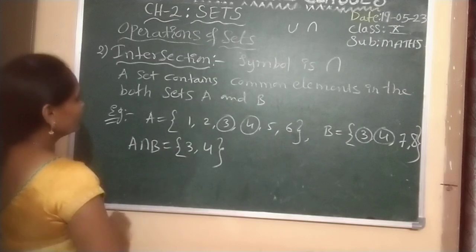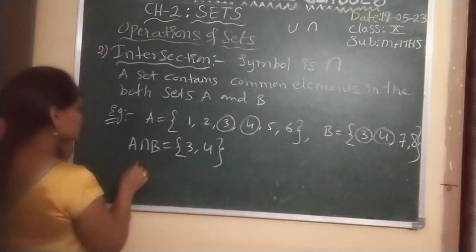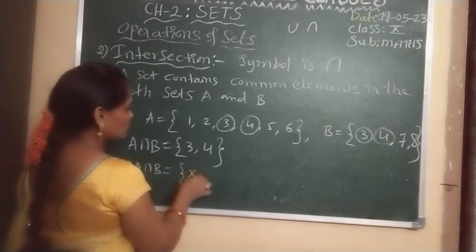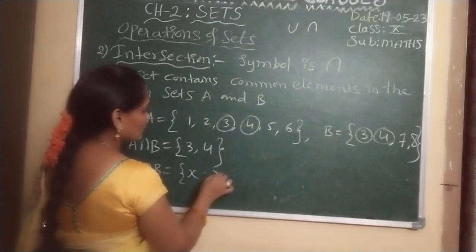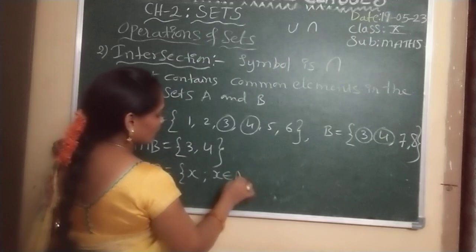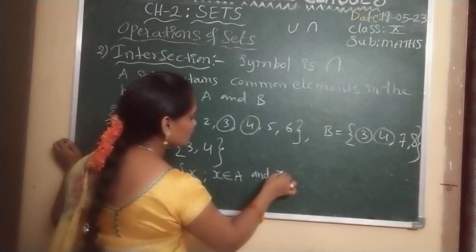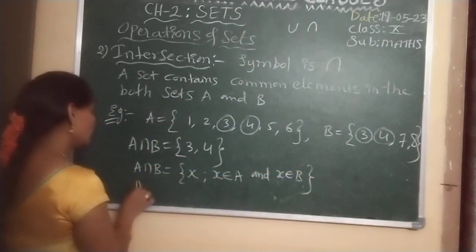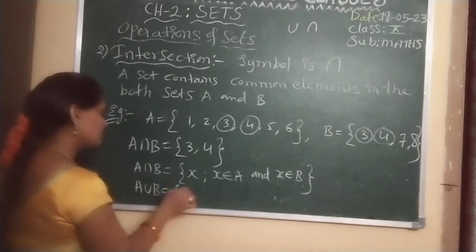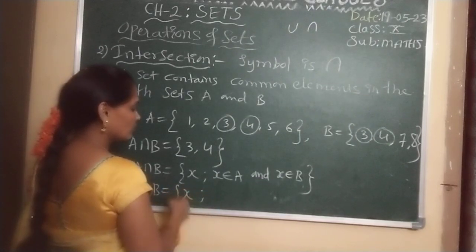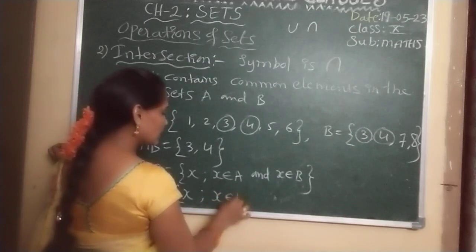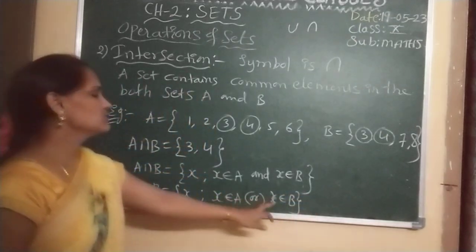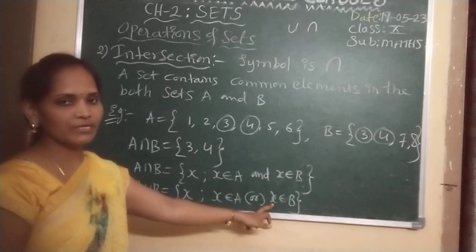Here A intersection B is over now. If you write A intersection B in set builder form, suppose X is there, X belongs to A and X belongs to B. Now A union B in set builder form: X belongs to A or X belongs to B. X is any element, whether it is alphabets or numbers.